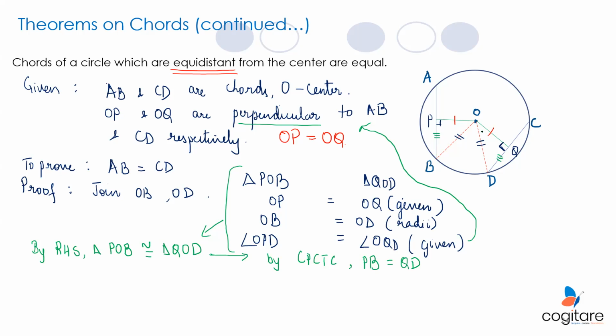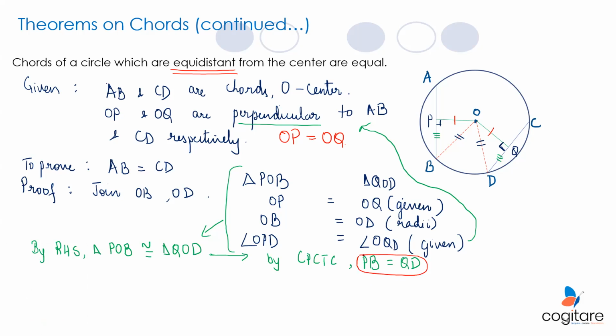I request you not to mark something in the diagram which needs to be proven right up front, because then it can confuse you and you may end up using that as a fact, right? I'm marking it now. It's okay even if you don't mark it, because you just mark what is given. Fantastic.